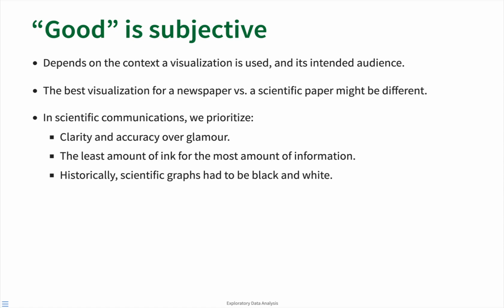We also generally want to minimize the amount of ink that we're using to convey a particular amount of information. And historically, scientific graphs were usually black and white because it was a lot more expensive to print graphics in color. This is still a concern today, but less so now that a lot of scientific publications are principally published online.